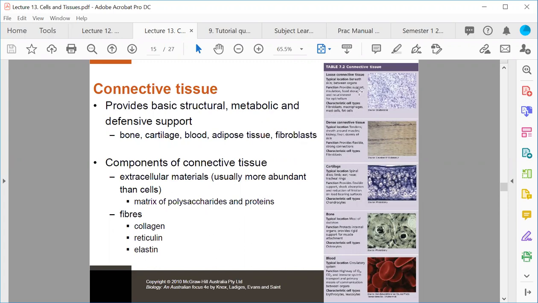To the right, we have this table from your textbook that describes the major types of connective tissue. So we've got loose connective tissue, dense connective tissue, cartilage, bone, and blood, and some typical locations and functions, which you don't need to remember, but they are there for your interest.